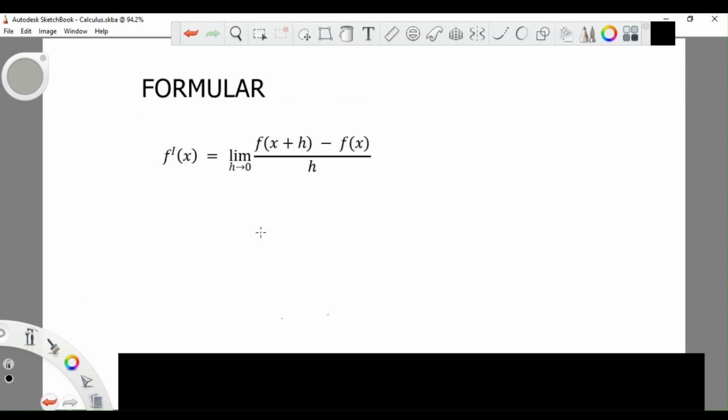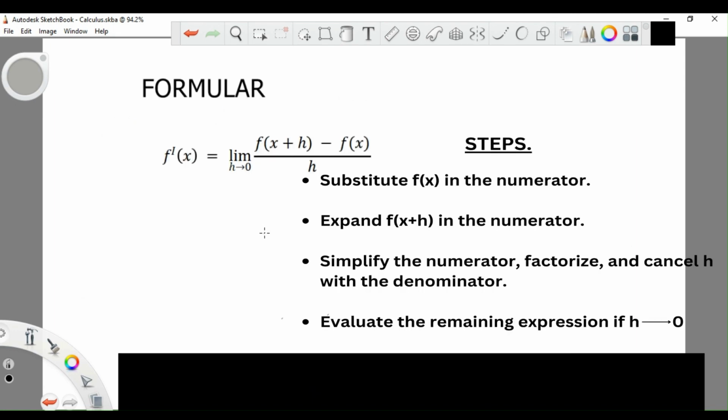The first step is to substitute f of x into the formula. It means that wherever you see x, x becomes x plus h. Where you have 2x, for example, it becomes 2 open bracket x plus h.